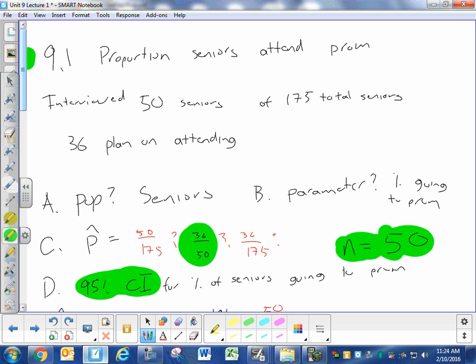The 0.172 is wrong. 36 out of 50 is 0.72. That's right. Good. Good. Good.